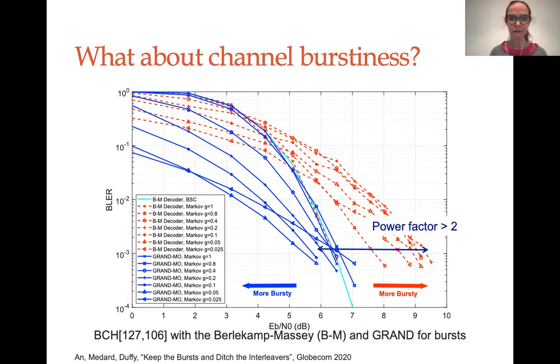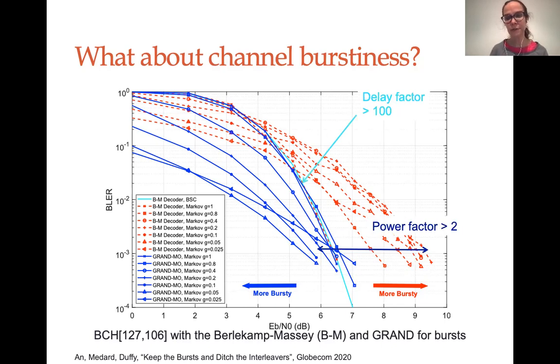Okay, so basically what you see here is that for a bursty channel, you're getting about a power factor of over 3 dB in Eb over N0, which is energy per bit over N0, the noise spectral density in the white Gaussian noise we're assuming here.